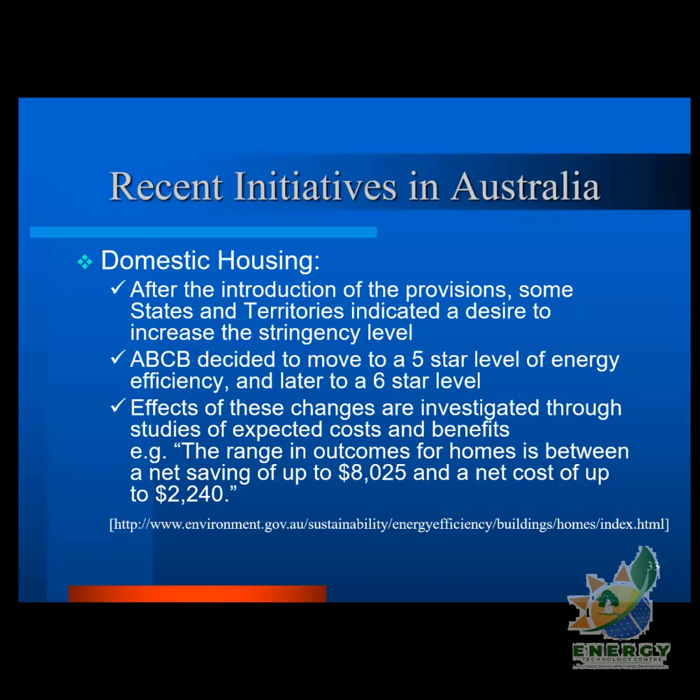Now, the effect of these changes was investigated through studies of expected cost and benefit. For example, the range in outcomes for homes is between a net saving of up to $8,000 and a net cost of up to $2,240.